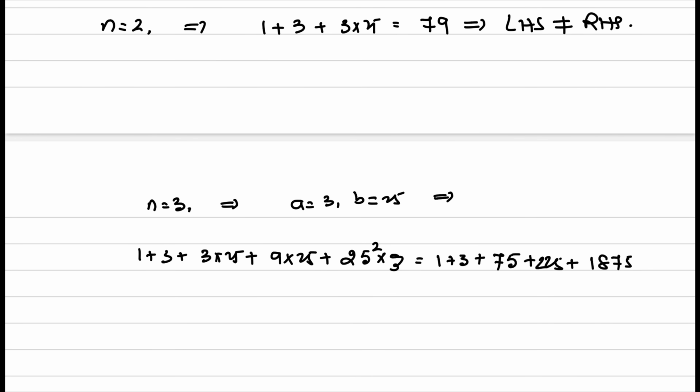What is its total value? 1 plus 3 plus 75 plus 225 plus 1875, 2179.